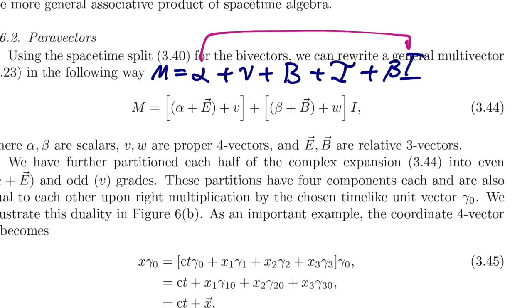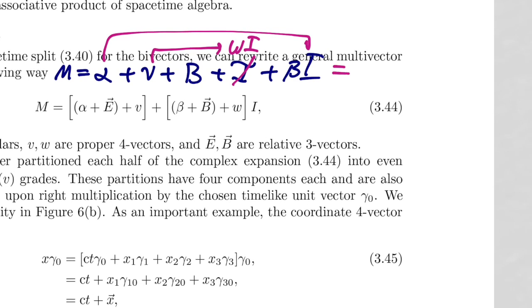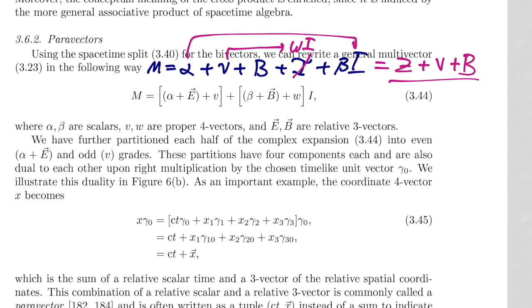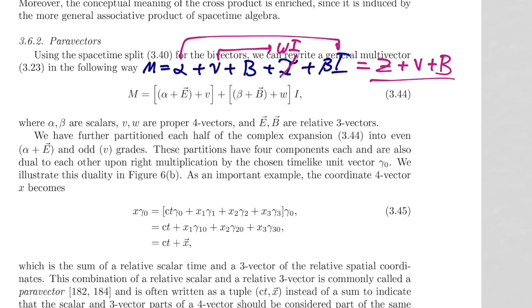We took the trivector part out and wrote it as the dual of a vector, because every trivector is dual to some vector. Then we paired those up and wrote this whole thing as a complex scalar plus a complex vector, which I forget how we notated, but let's just call it V, plus a bivector. So this was another way of writing a general multivector.